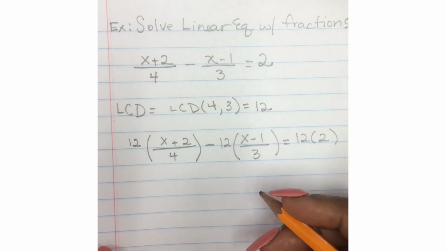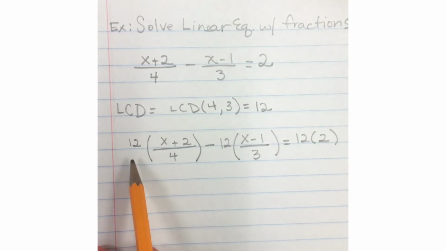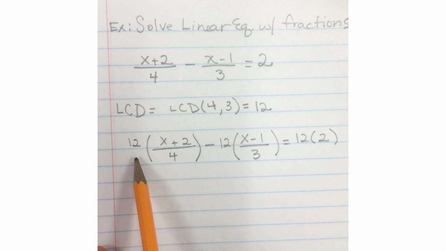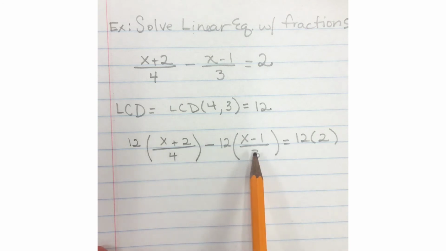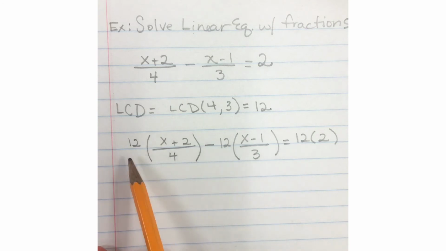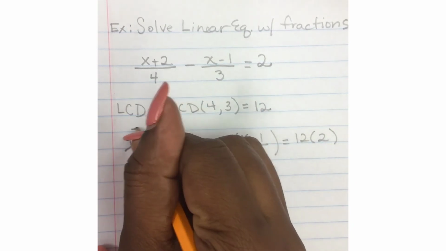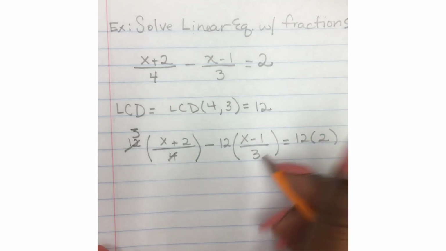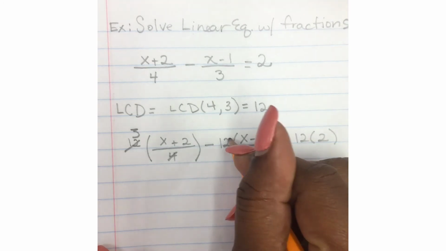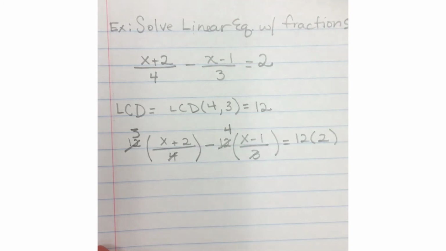All right, now, once we have it set up, we can cross cancel, meaning now we can get rid of our denominators. So 4 goes into 12 3 times, and 3 goes into 12 4 times.